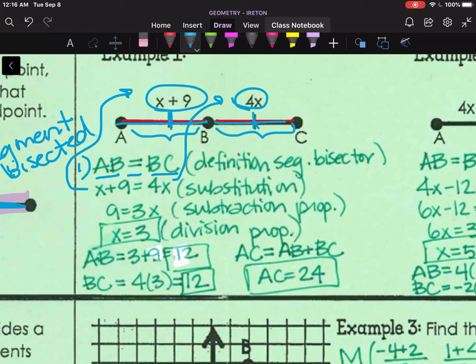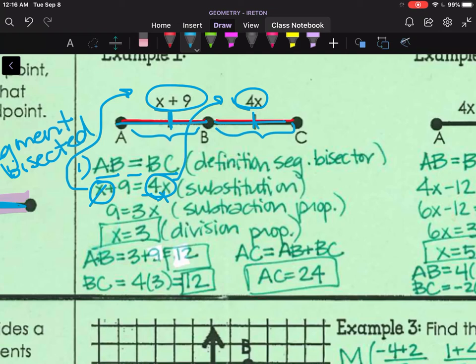Now we're just doing an algebra problem. We subtracted this x from both sides, and I end up with 9 equals 4x minus 1x, which is 3x. And again, I'm assuming that Algebra 1 went okay for you last year.